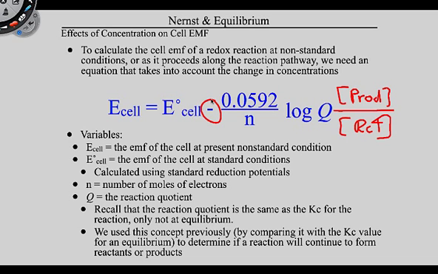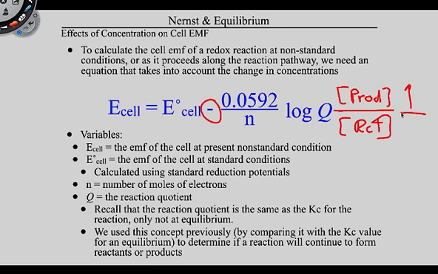Now, guys, let's do this. We know that Q is the ratio of products divided by reactants. What happens as a reaction goes on? As a reaction does its reaction thing, what happens to the concentration of products? It goes up, right?